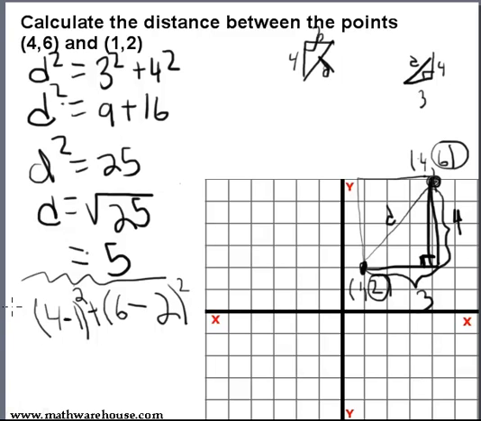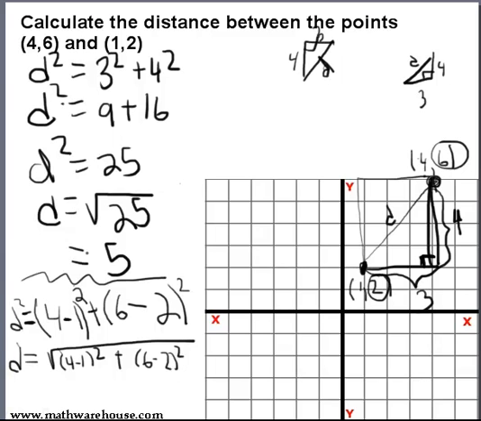And we know that d squared, sorry, a little messy here, d squared equals all of that. So in the end, we were taking the square root of that number. d equals the square root of (4 minus 1) squared plus (6 minus 2) squared.